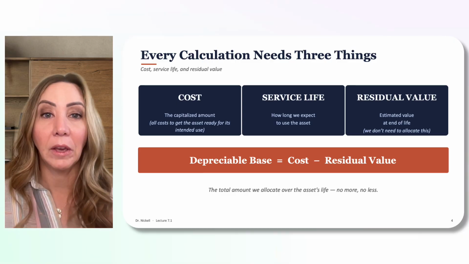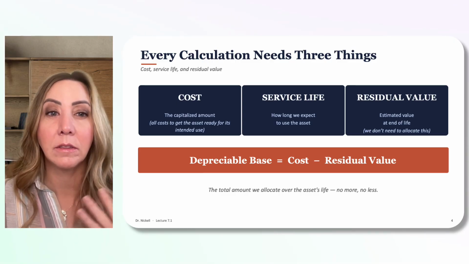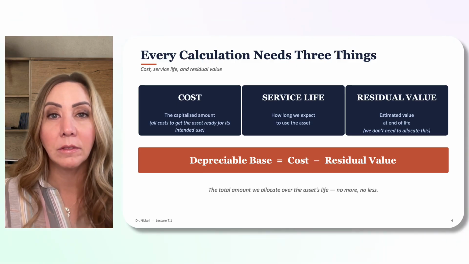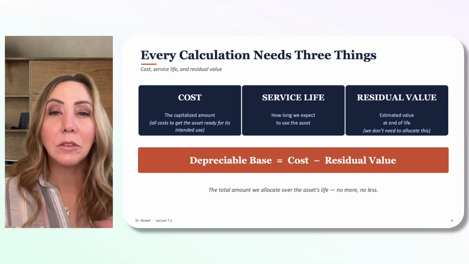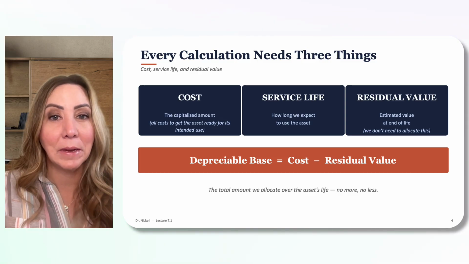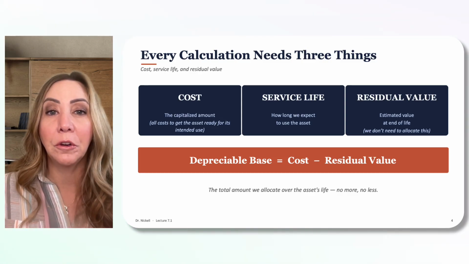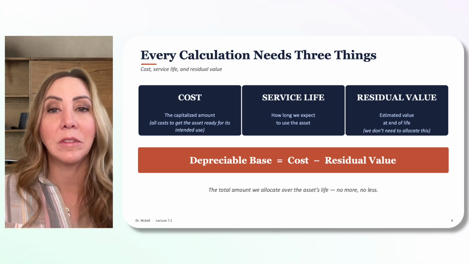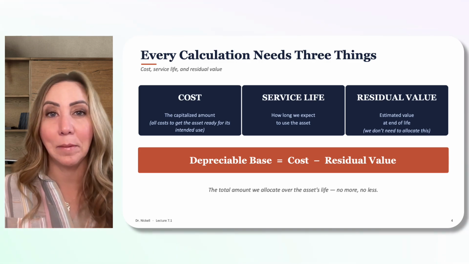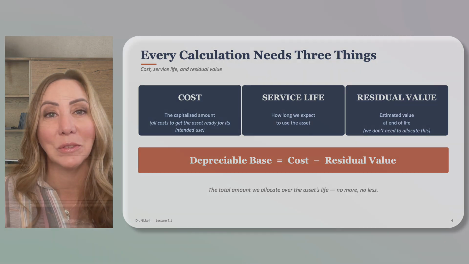From those 3, we get one number that drives everything, and that's the depreciable base, or cost minus residual value. It's the total amount that we're going to allocate to expense over the asset's life. No more, no less. Notice that the residual value is the piece we don't allocate because we expect to get it back at the end. We don't need to recognize expense for it.